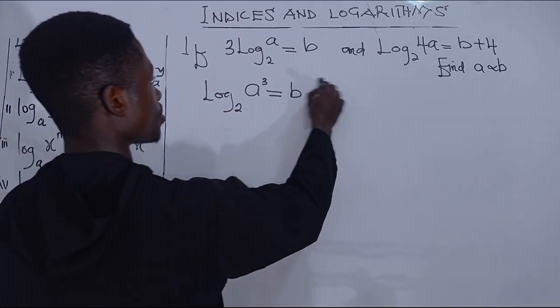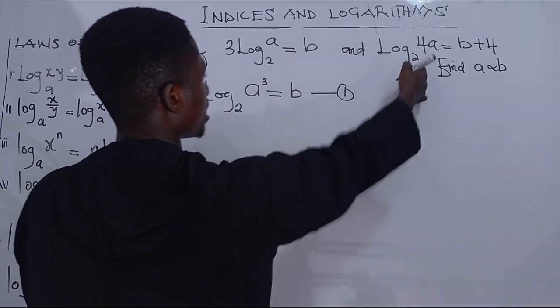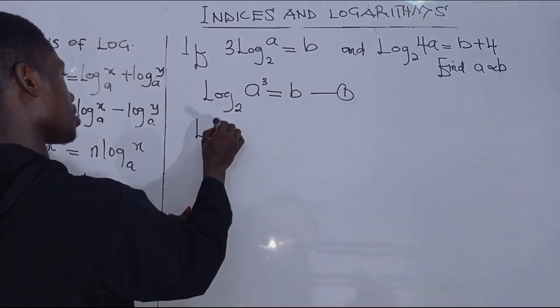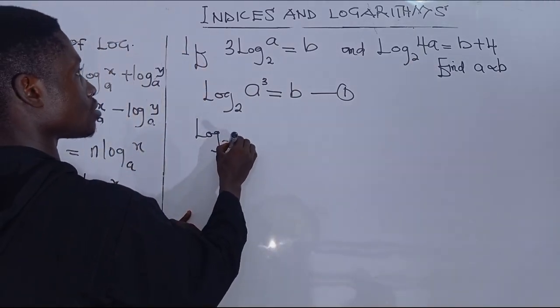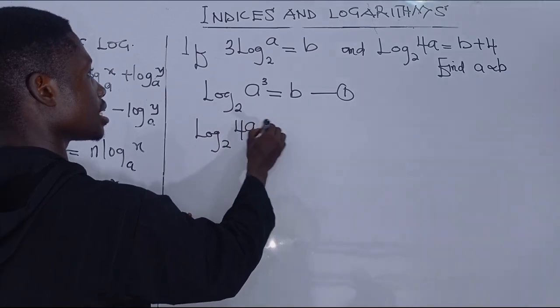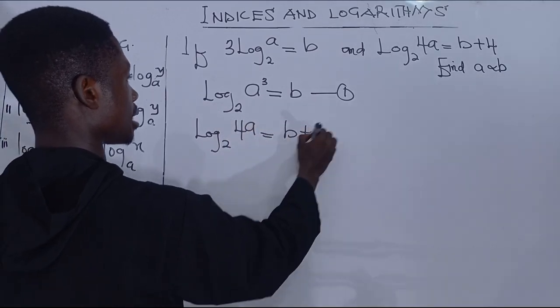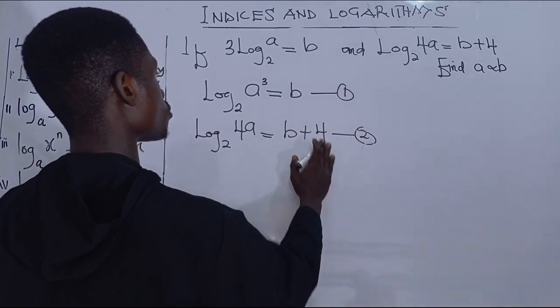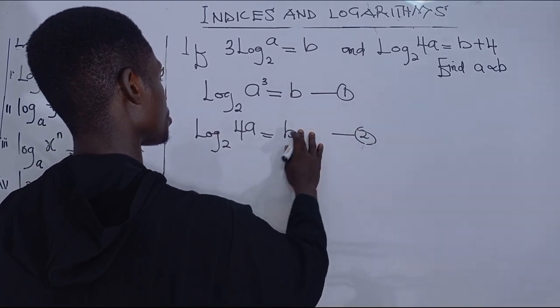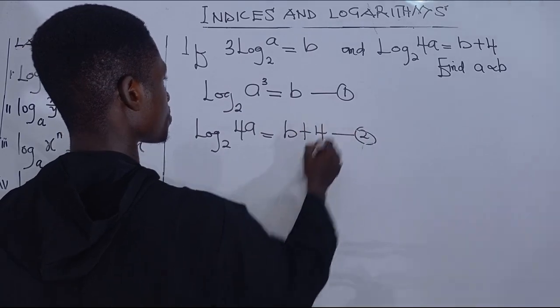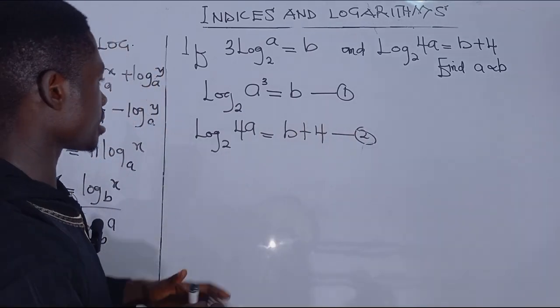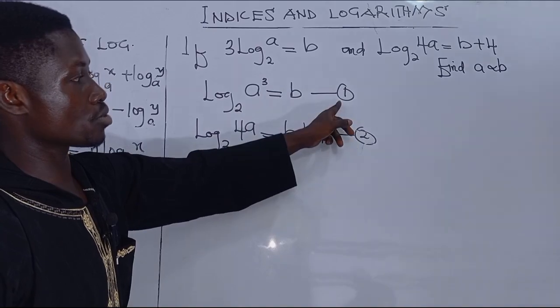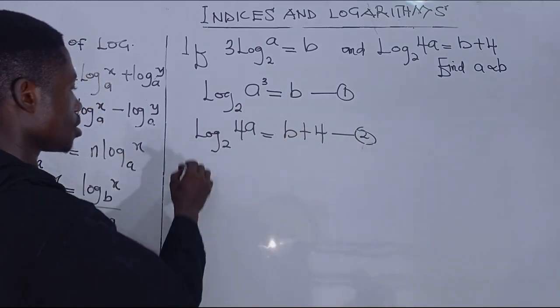So let's call this equation 1, and then let's bring this particular equation: log to the base of 2 of what? 4a, giving us b plus 4. Let's call this equation 2. Now once you have this, let's subtract equation 1 from equation 2.